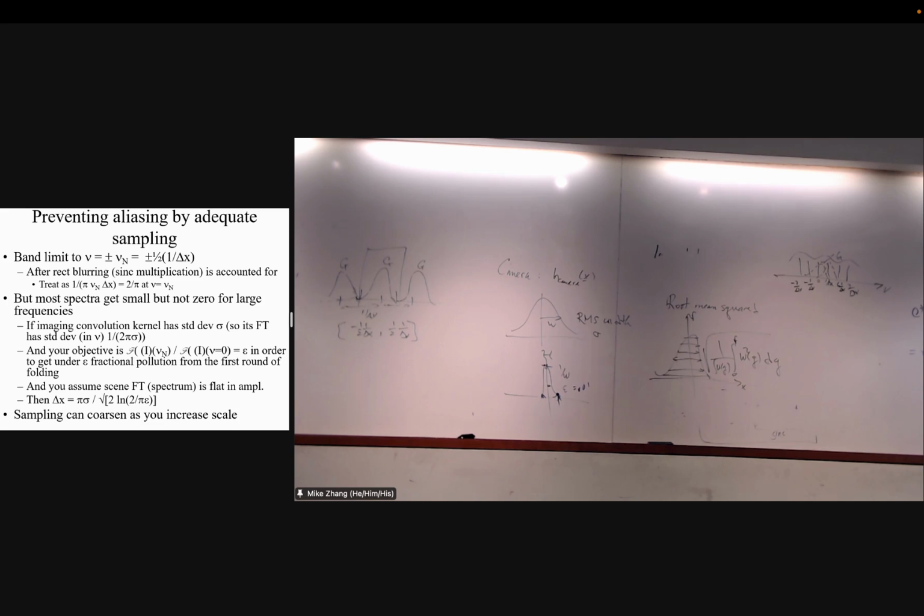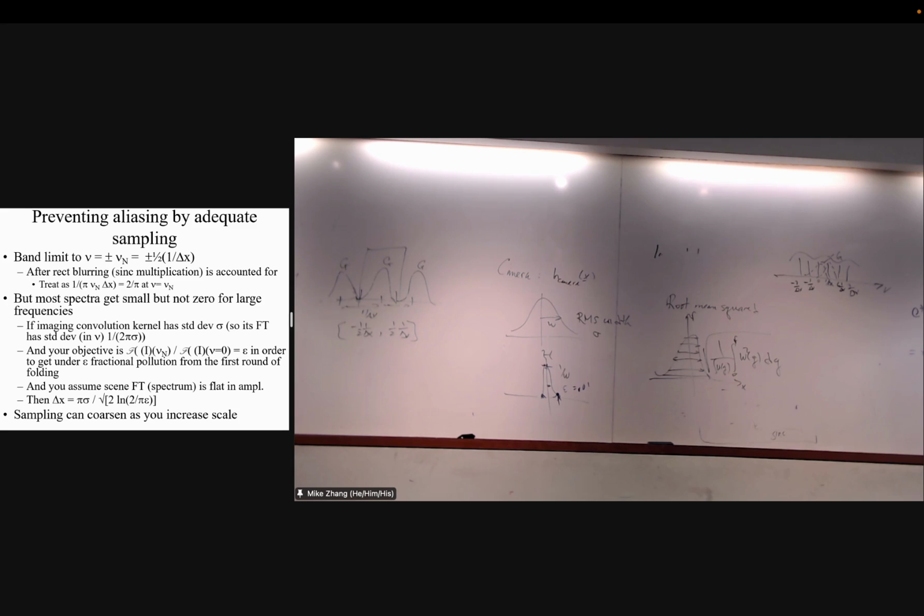Okay, so you write that down and put it in your notebook, and every time you want to decide a spacing, here's the formula. You go find your impulse response function, find out what its sigma is, what its RMS width is, and that'll tell you the delta x that you need to endure epsilon fraction pollution.